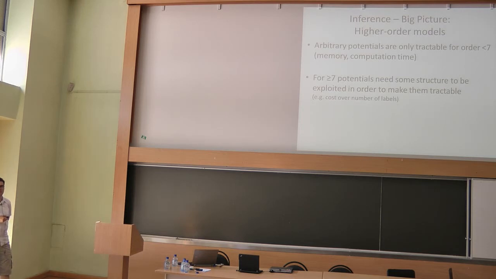If they are arbitrary potentials, it's very, very hard to optimize in memory and computation time. Above 6 or 7, there are still quite a lot of interesting potentials, but they all have certain special structure, and we'll come to that then: what structure is good, which are still tractable to do inference.